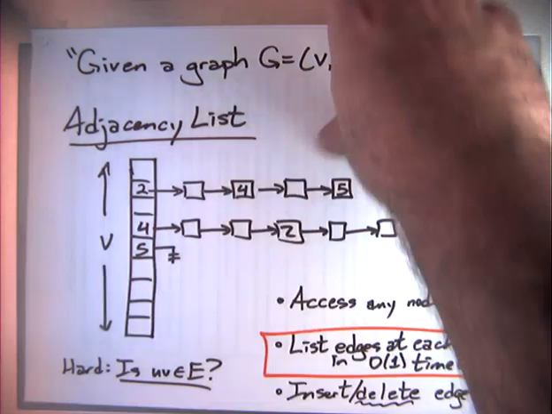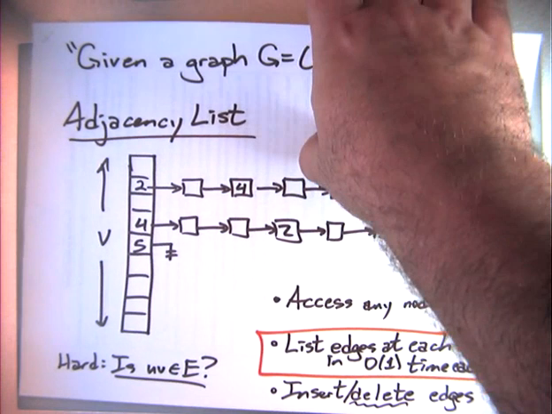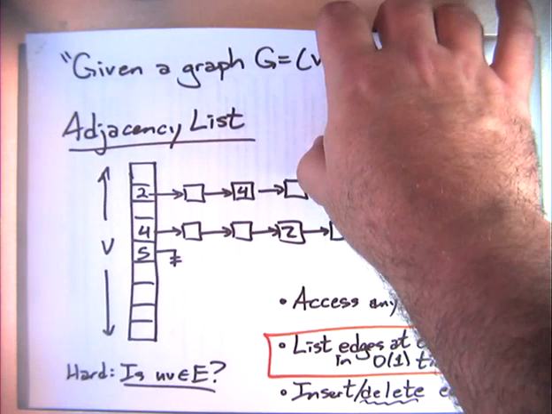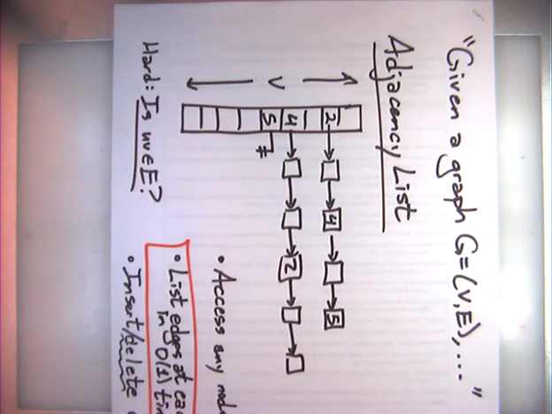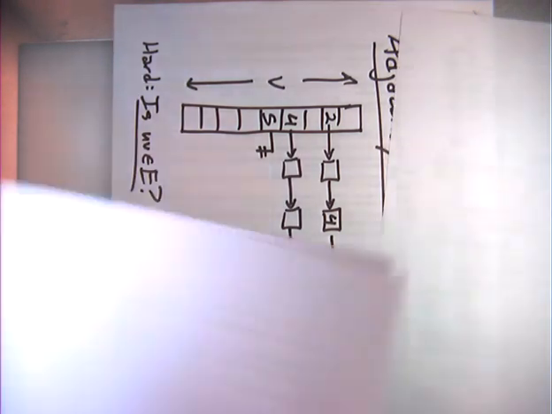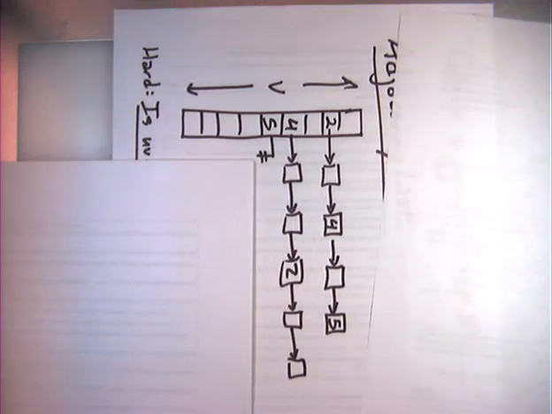I do want to point out one other data structure that is very common and suffers from exactly the same problem. And to show you that data structure, I need to do this. Does anybody recognize this as a picture of a data structure? What is that?